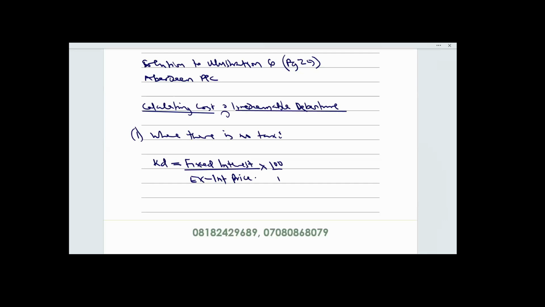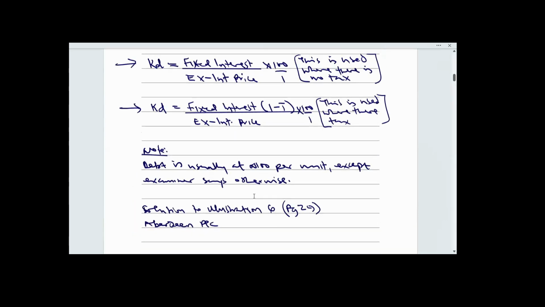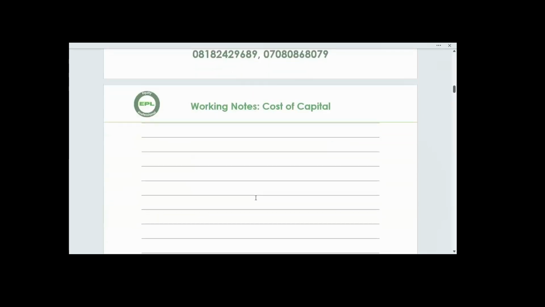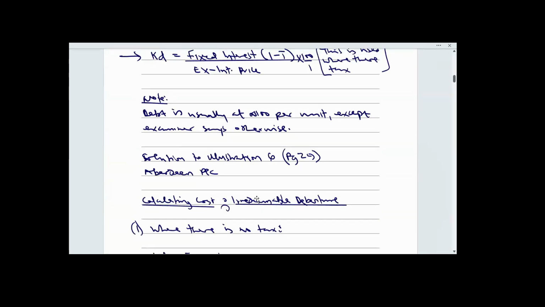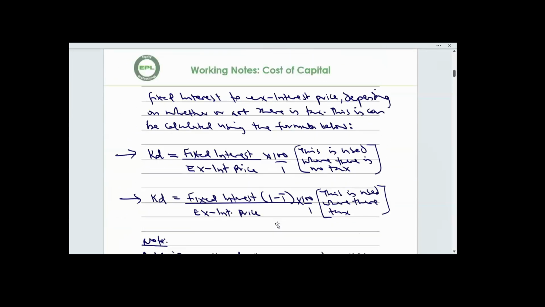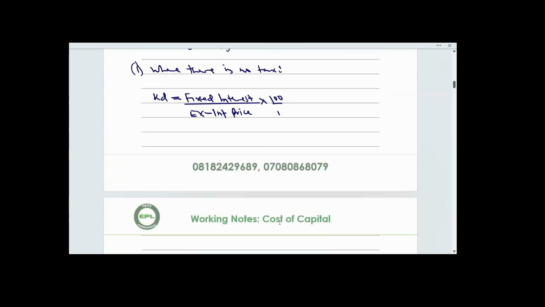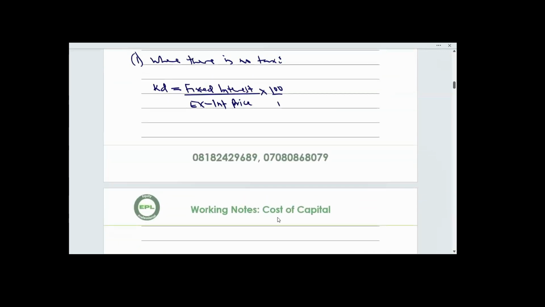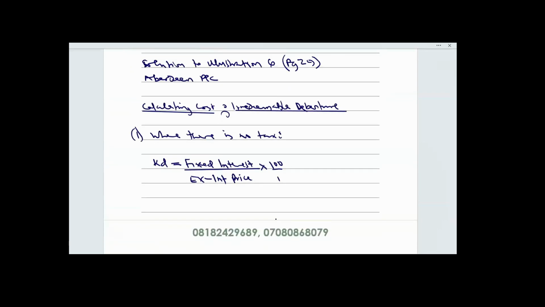The same way we discussed the concepts under cost of equity in relation to ex-div and cum-div, the same thing applies here.